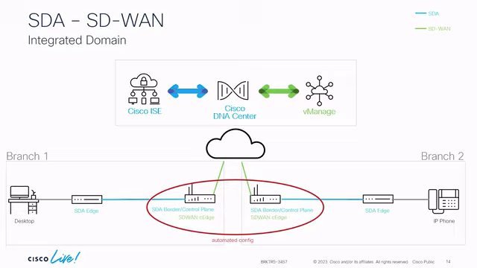The second solution we have is integrated domain. Here we are taking these two and connecting them together on one single device. On the previous slide, you had a separate SDA border and a separate SD-WAN border. Right now, we are taking these two physical devices and merging them together.